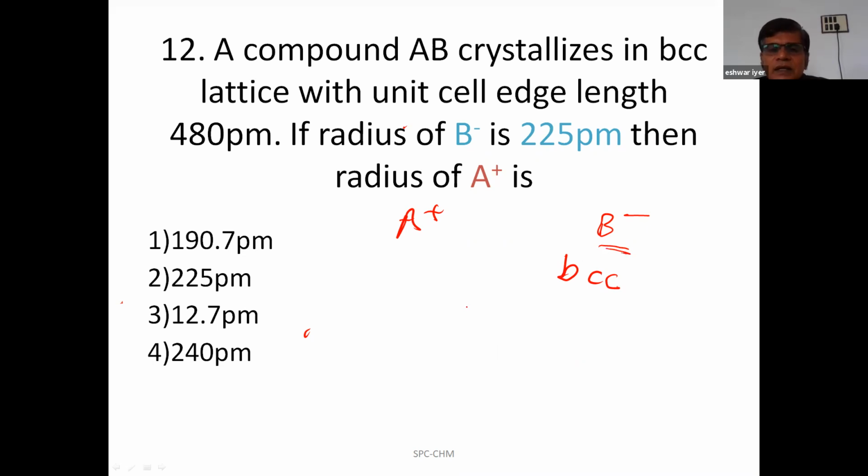Then the edge length of the BCC you take, for example, this edge length is A, this is the face diagonal. One more thing I'll show you. This is face diagonal B, and body diagonal will be the other one. I'll just write this. This is the edge.